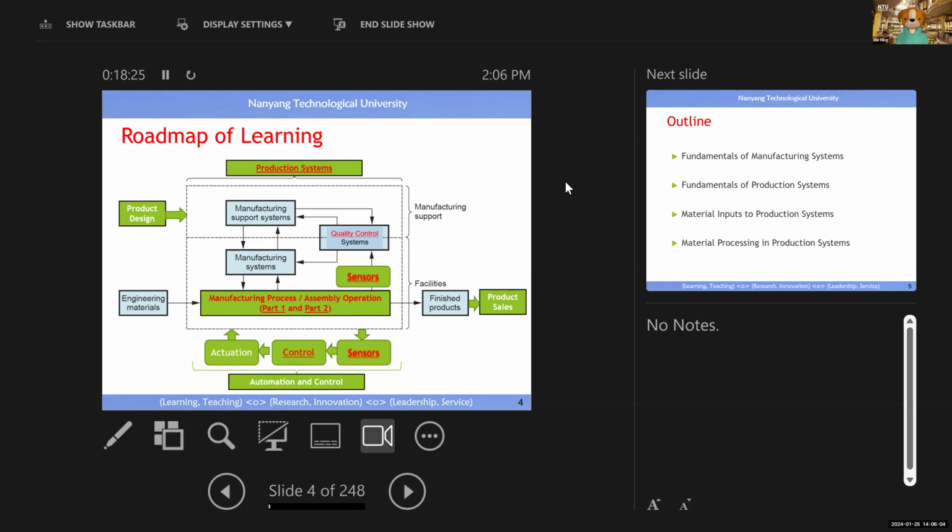Right? So normally our students will spend one semester to study all the concepts related to manufacturing, and then another semester for the study of control theory, right? But for you, we only have 3 hours to go through all these major concepts.